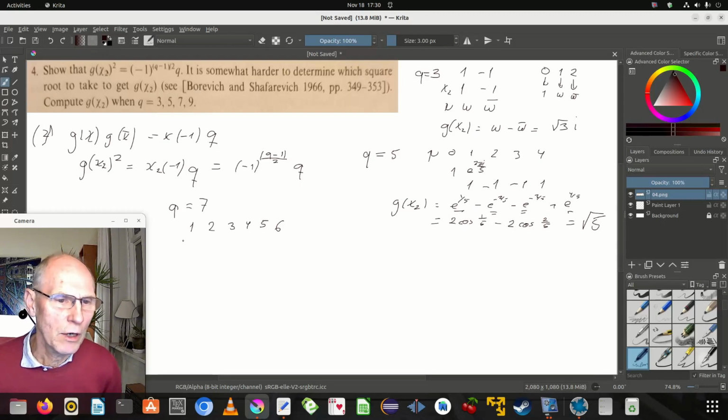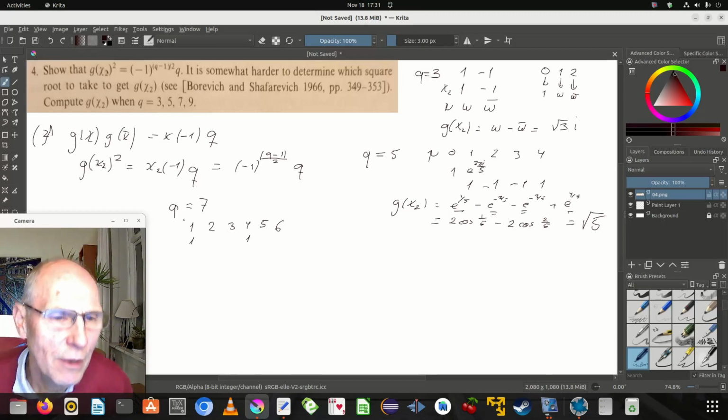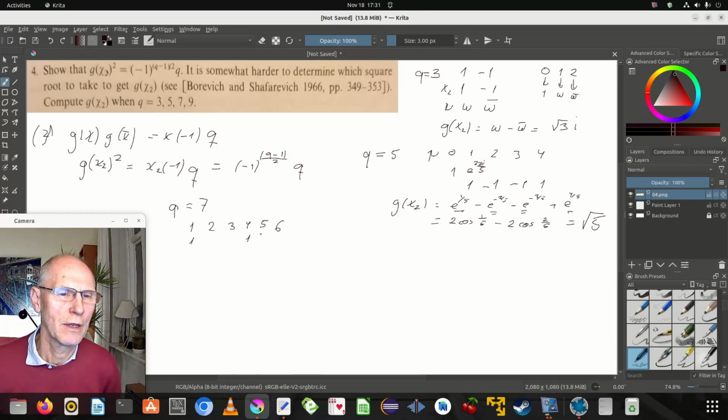Well, anyway, 1 is a square and 4 is a square. 3 squared gives 9, which is equivalent to, we must go modulo 7 here. 4 squared gives 2. Confused.